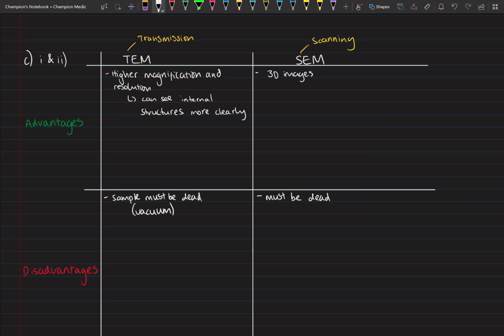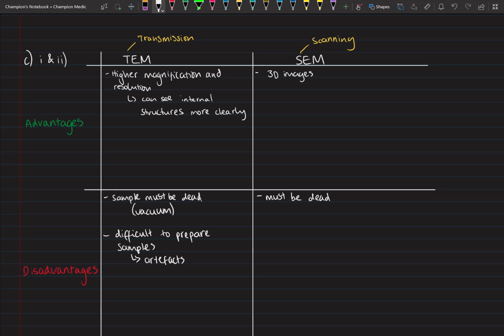And especially for the transmission electron microscope, it'll be difficult to prepare samples, and you'll get the presence of artifacts.